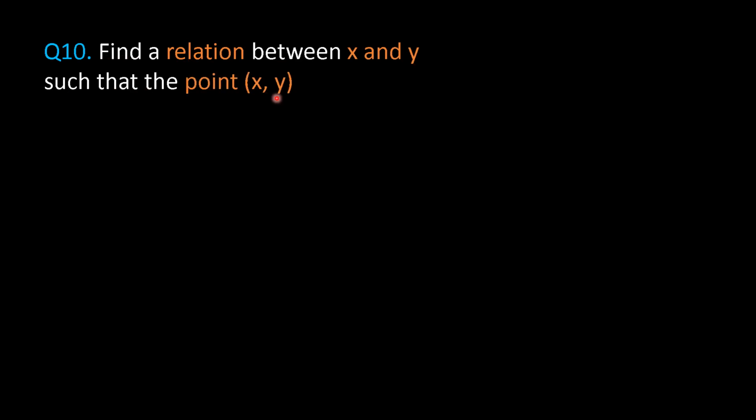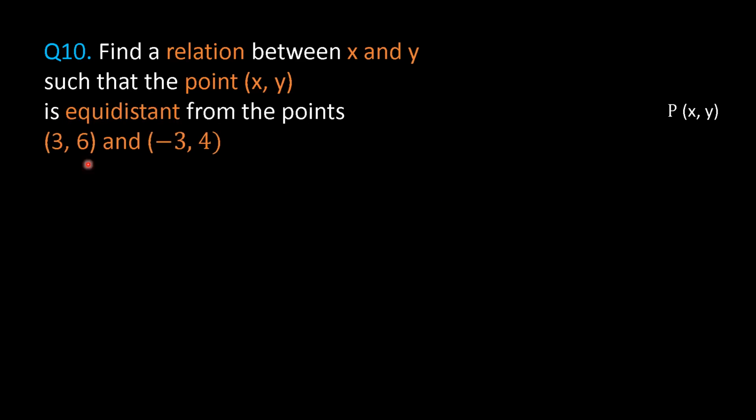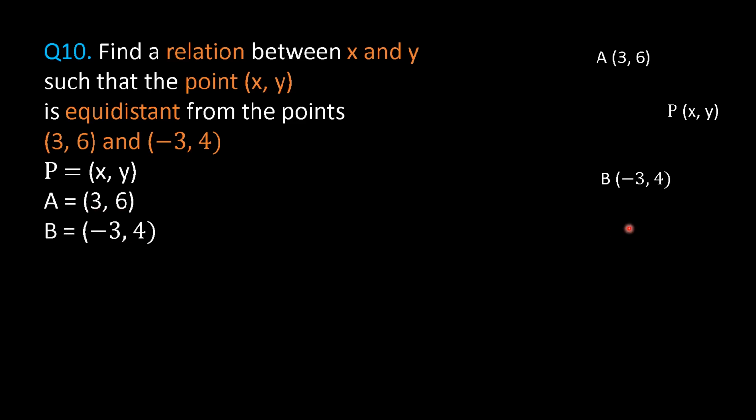In question 10, we have to find a relationship between x and y such that the point (x, y), which is this, is equidistant from the points (3, 6) and (-3, 4). This is (3, 6), this is (-3, 4). First, we will name the points. P is (x, y), A is (3, 6), B is (-3, 4).